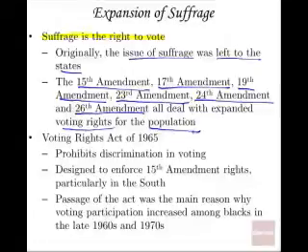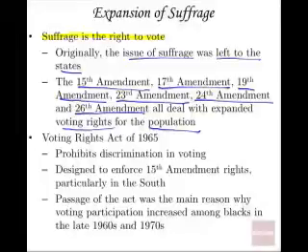So a lot of these amendments, out of the 17 amendments that were adopted after the Bill of Rights, pretty much 6 of the 17 deal with the expansion of suffrage. So the issue of voting is a central part of American democracy, and rightly so.